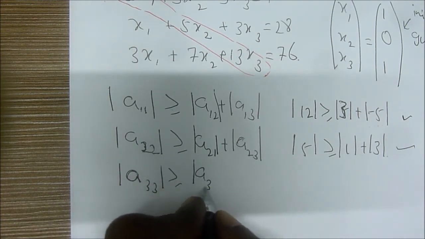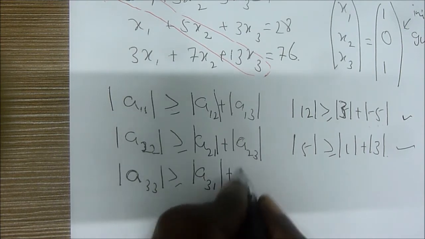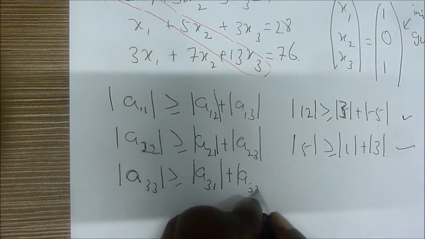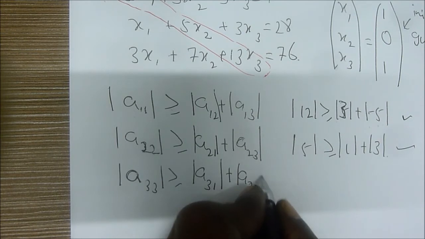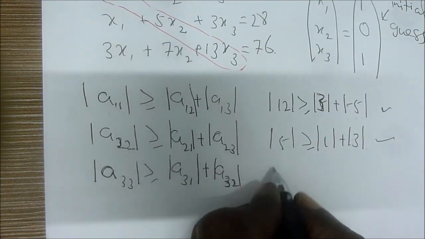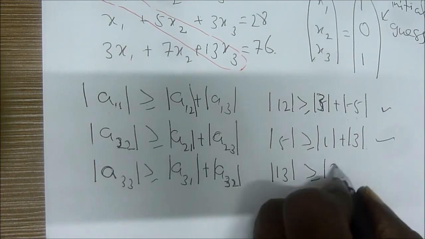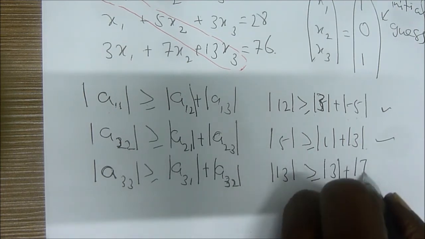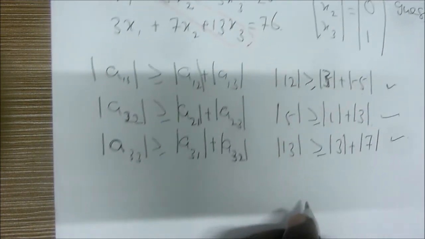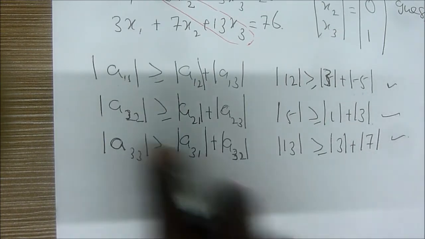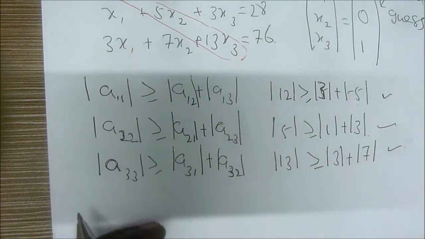It's an easy method, but it works effectively only for this scenario. 3 plus 7, okay, it all complies with these rules.